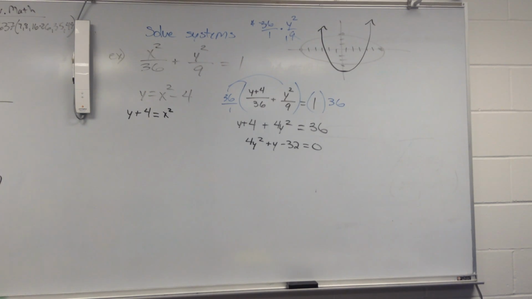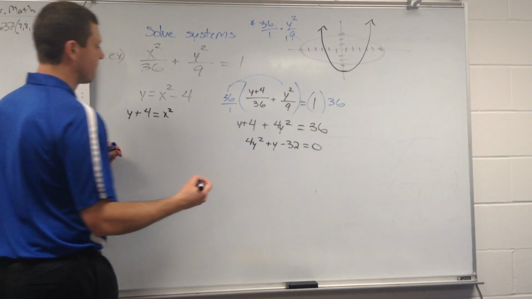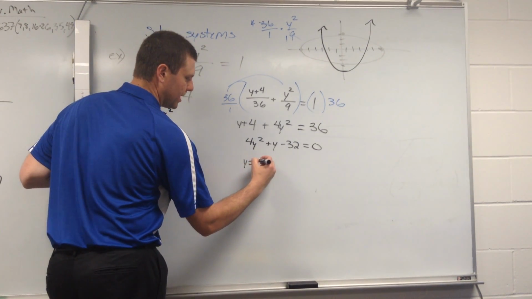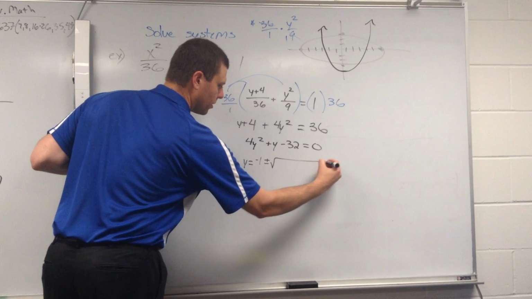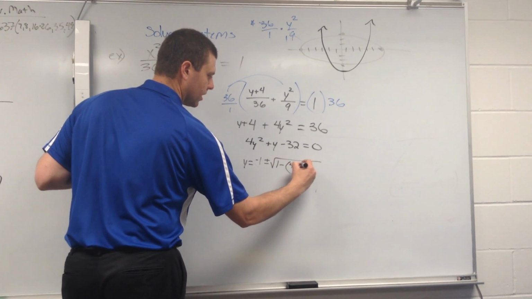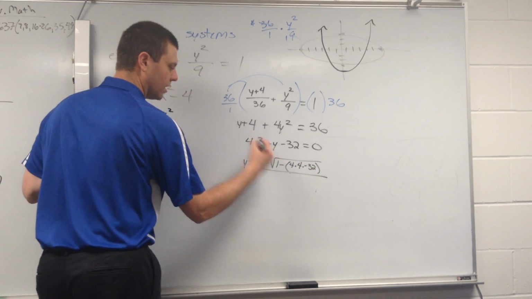I don't think it's going to be factorable. So, quadratic equation: y equals negative b plus or minus the square root of b squared minus 4 times a times c, all over 2 times a.